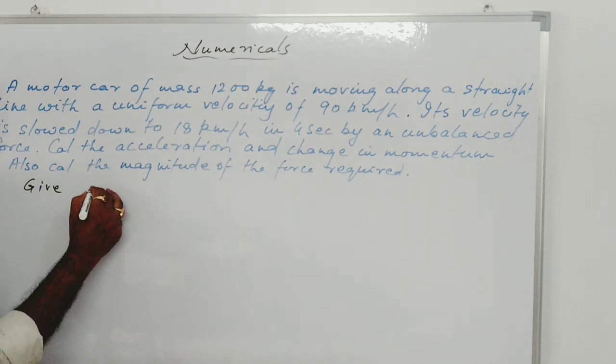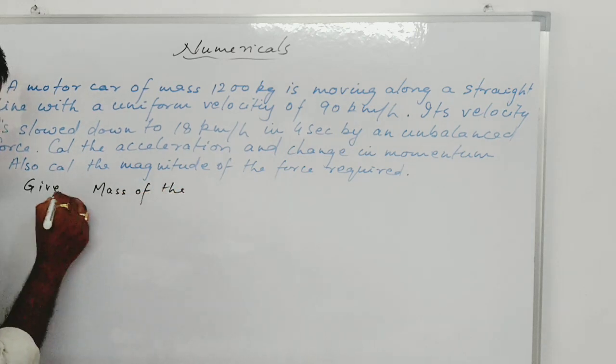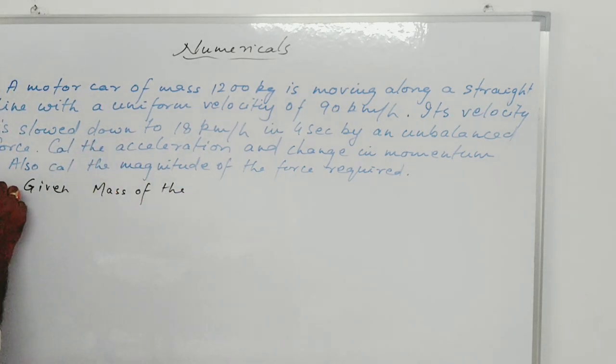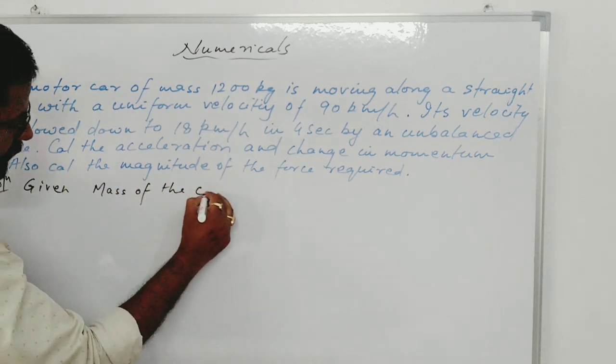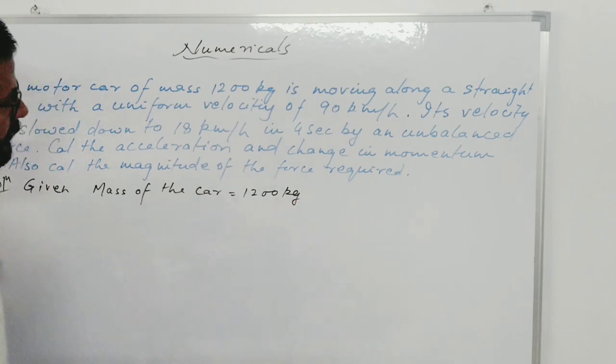Given: mass of the car is equal to 1200 kg. With a uniform velocity means what?